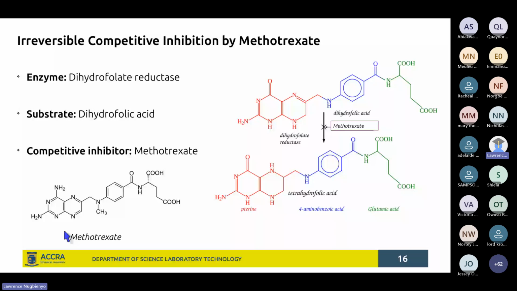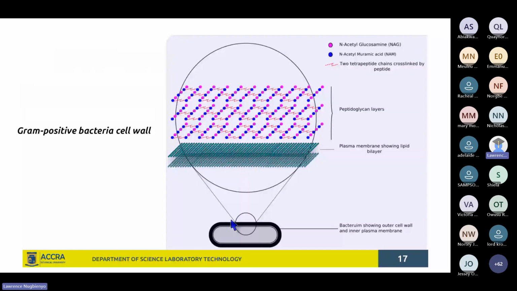All right, so these are some specific examples. Now let's move on to another kind of antibiotics, which this time around are bactericidal. They will result in the cell death of the bacteria.